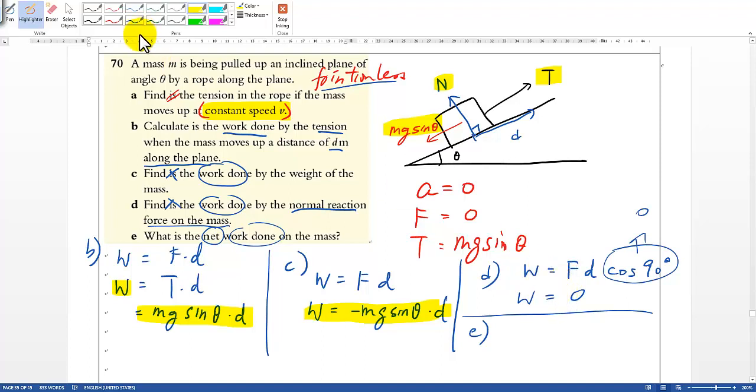You may actually claim that there is one more, that is in this direction, same magnitude as the normal force, which is mg cosine theta. So if you try to calculate the work done of this, it will also be 0 anyway. So at the end, since these two, the answers from part B and C, cancel out, the net work done will be 0 simply.